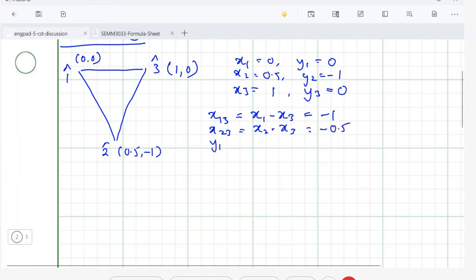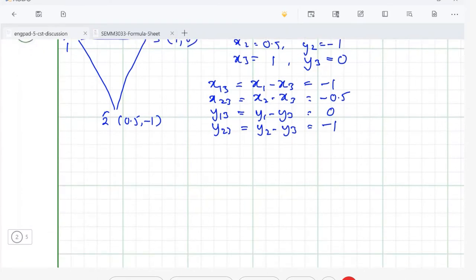And Y13 is Y1 minus Y3, 0 minus 0, which is 0. Then Y23 is Y2 minus Y3, minus 1 minus 0, which is minus 1.